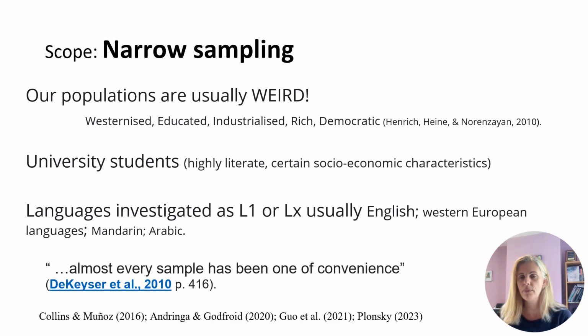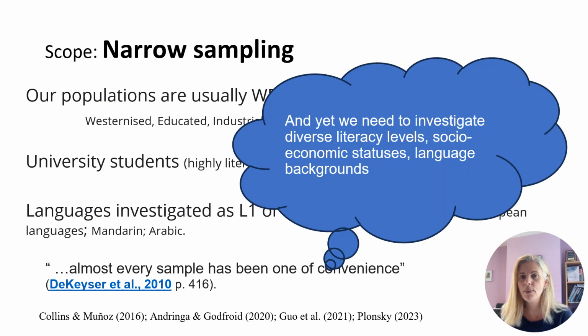Indeed, almost every sample has been one of convenience. But we as applied linguists need to investigate diverse literacy levels, socioeconomic statuses and language backgrounds, because we know that this affects language learning, language teaching, language use, and opinions about language, etc.